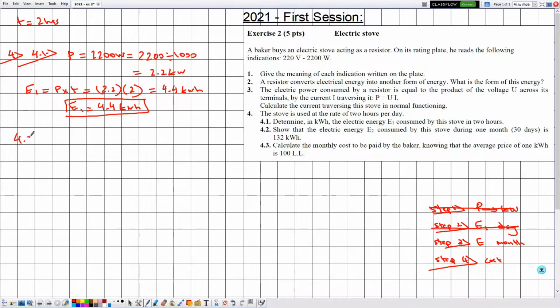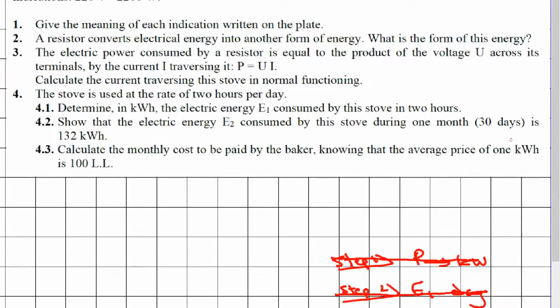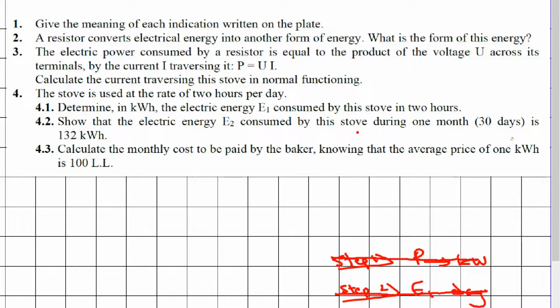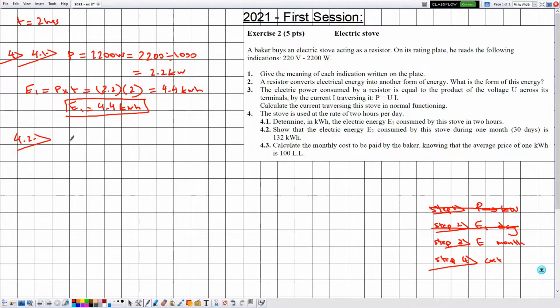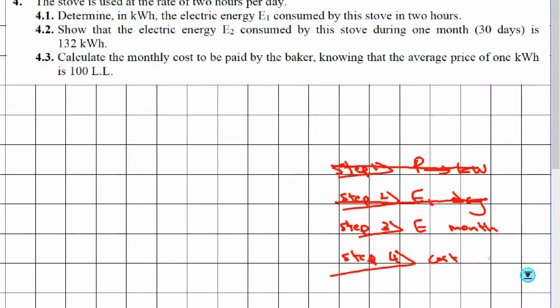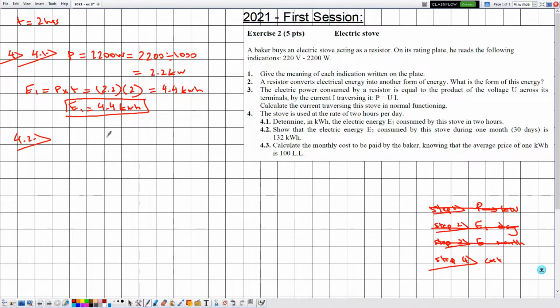Now in 4.2, they are telling us to show that the electric energy E2 consumed by this stove during 1 month is given by 132 kilowatt hour. Now here we are talking about step number 3, which is the monthly consumption.